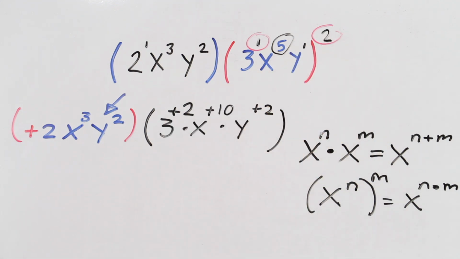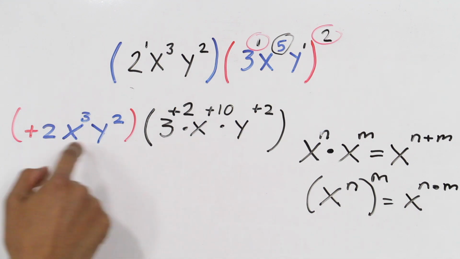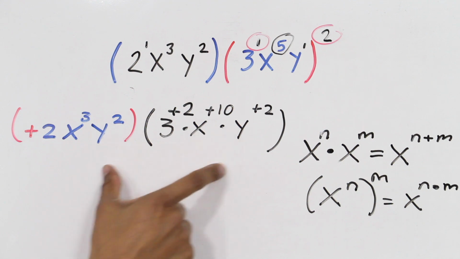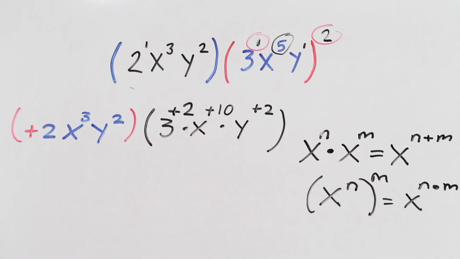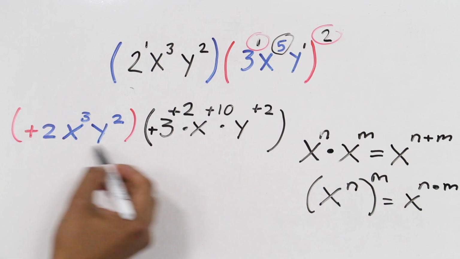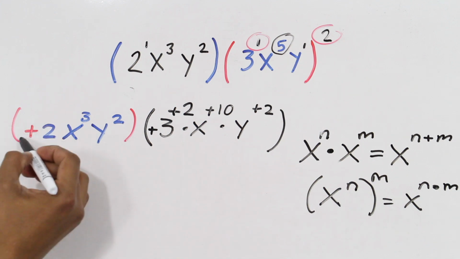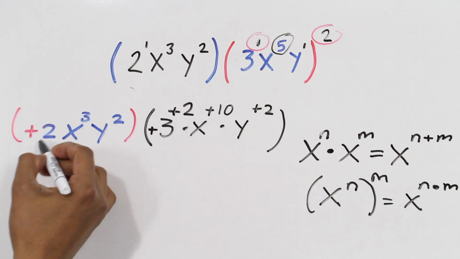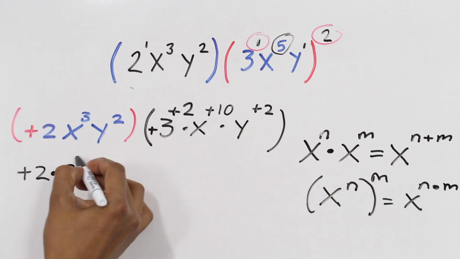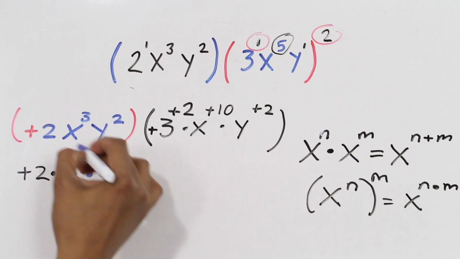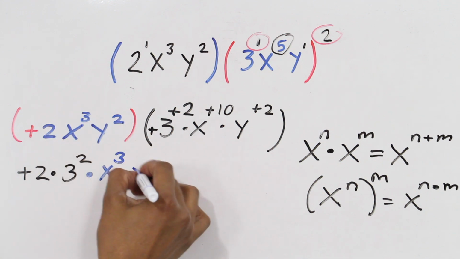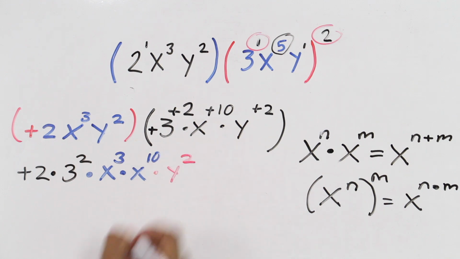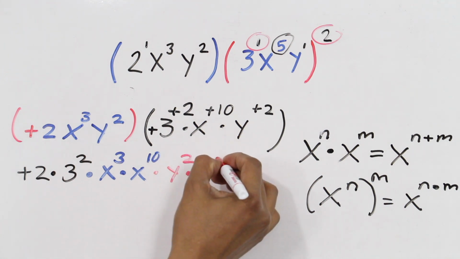We close the parentheses. Now it's time to combine numbers, x's and y's because we are multiplying variables with the same base. Always when we need to multiply, we need to start with the signs. So plus times plus equals plus, then the numbers 2 times 3 squared, then the variables starting with x cubed times x to the 10th power, then y squared, and finally again y squared.